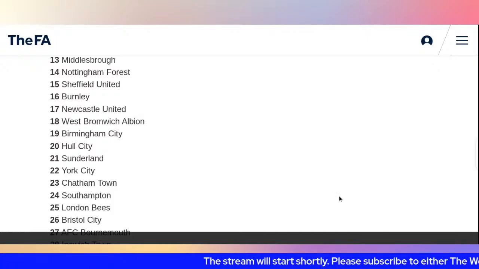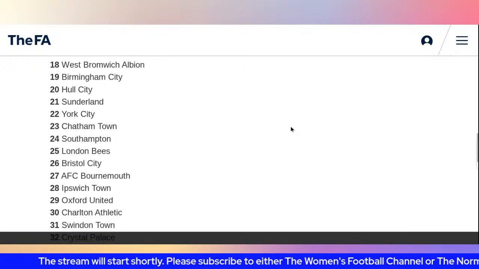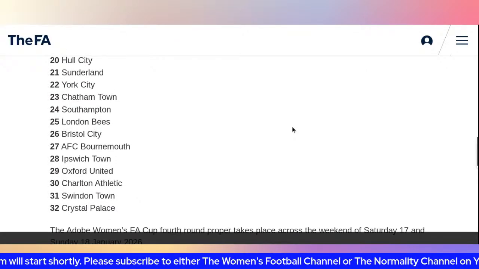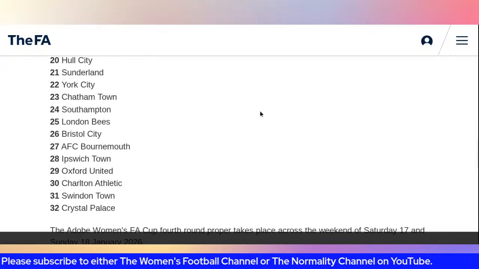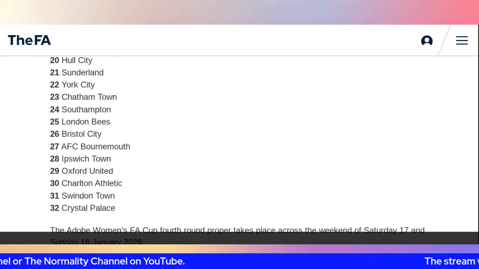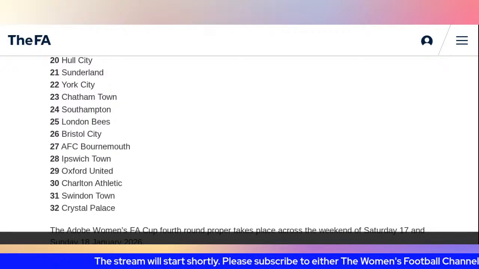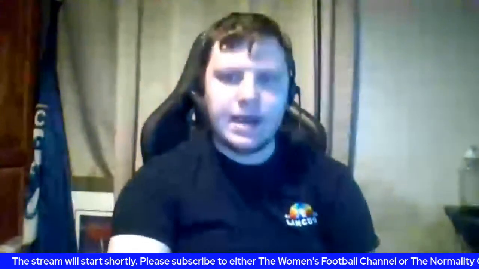Number 24 is Southampton. Number 25 is London Bees. Number 26 is Bristol City. Number 27 is AFC Bournemouth. Number 28 is Ipswich Town. Number 29 is Oxford United. Number 30 is Charlton Athletic. Number 31 is Swindon Town. And finally, ball number 32 is Crystal Palace.